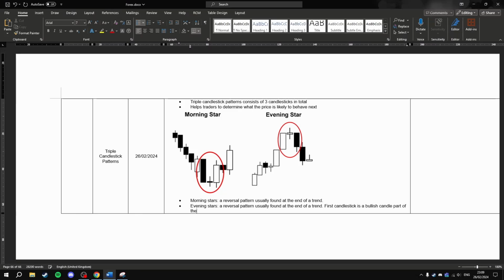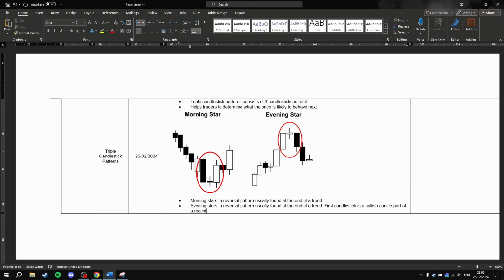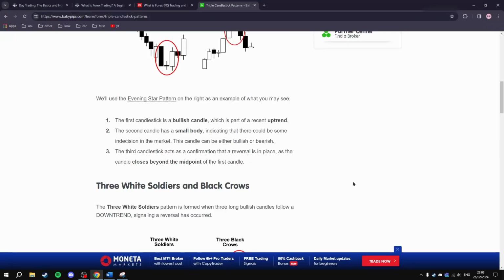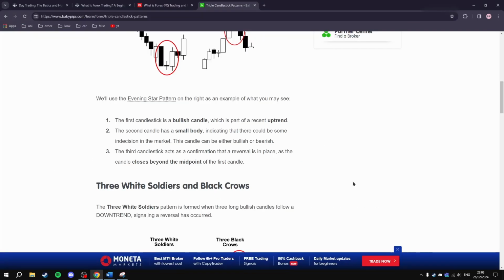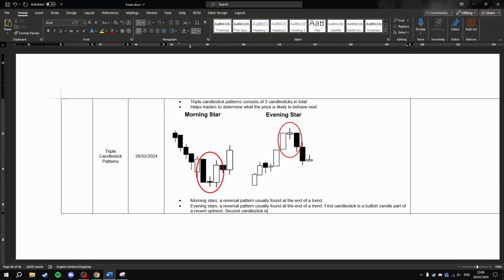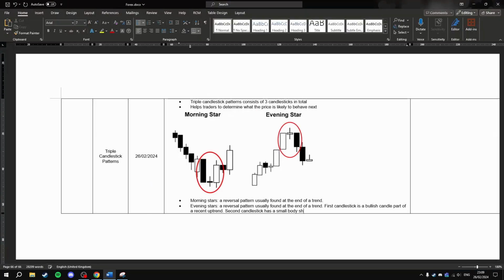The second candlestick has a small body, indicating that there could be some indecision in the market.